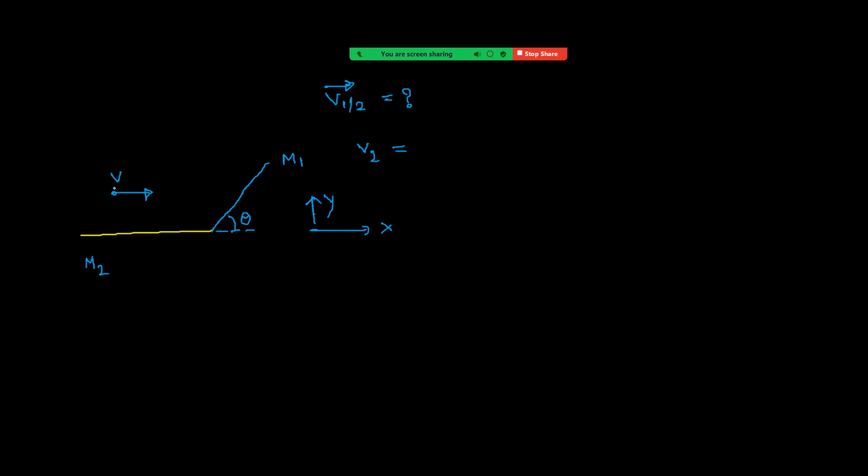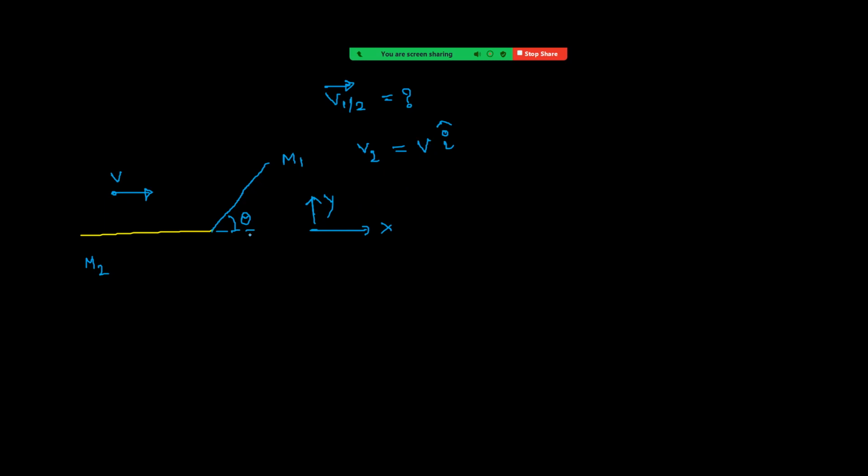Object moving parallel to mirror. When object moves parallel to mirror, image velocity same as that of the object, right? Therefore, image also having same velocity. So v cap according to our directions x and y. So V2 value v i cap.